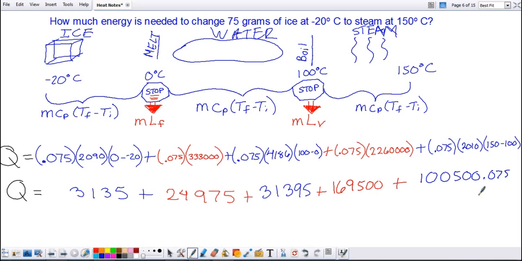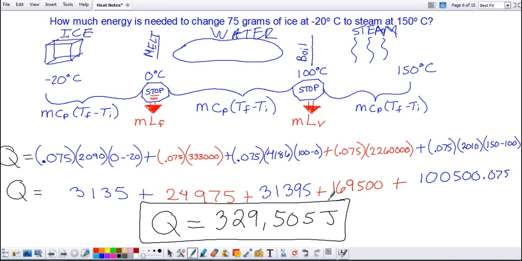We add all of these up, the total amount of heat needed is 329,505 joules. So to change ice at -20 into steam at 150, it's going to take 329,505 joules of energy.